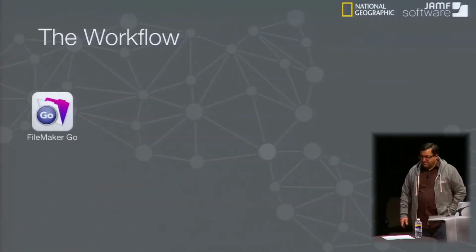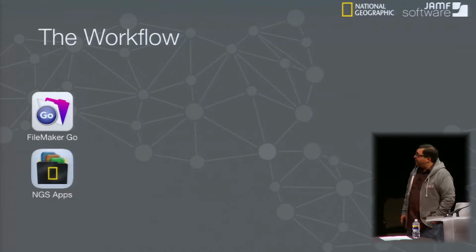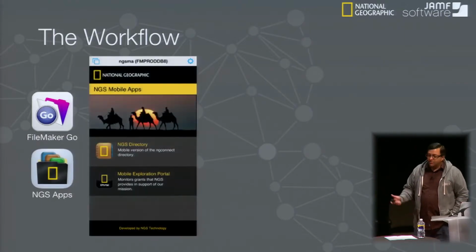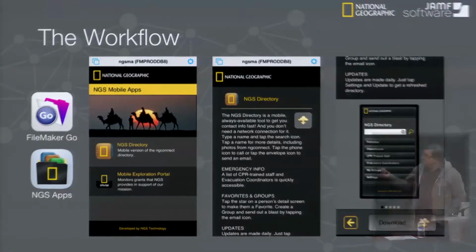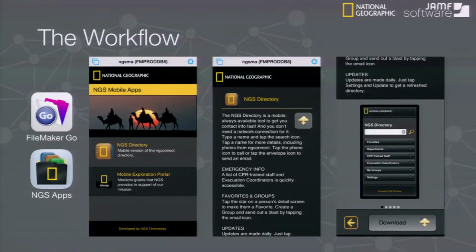So this is a visual of how the workflow goes. We push FileMaker Go, we push the NGS apps WebClip. This is what our app store looks like that we created. The directory one is the one that's almost live. We're still working out a few kinks with the design, and then of course we got the new iPhone sizes.